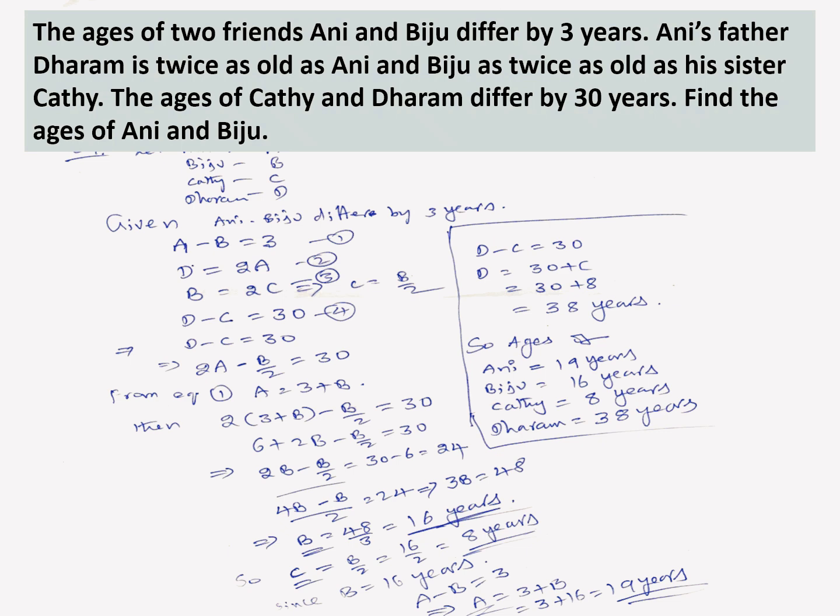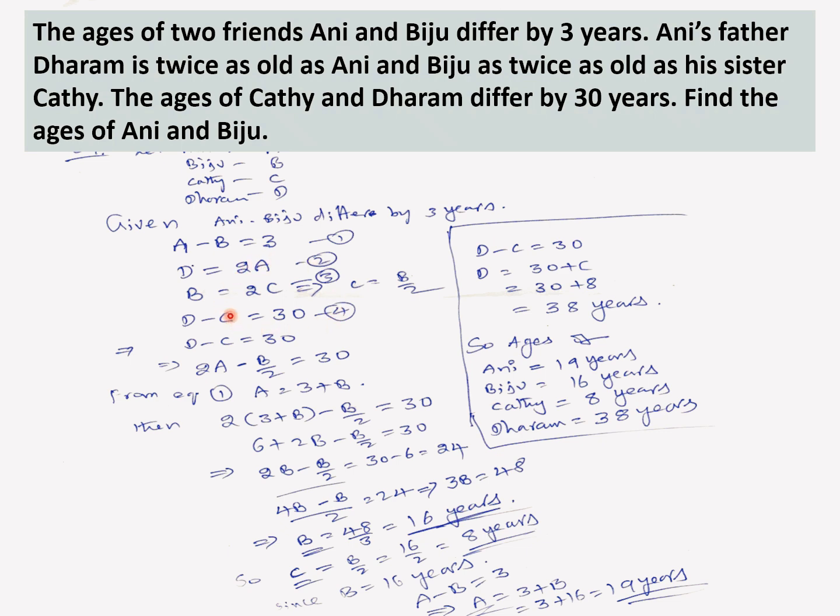And Biju is twice as old as his sister Kathy, so B equals 2 times Kathy, B equals 2C. And finally the ages of Kathy and Dharam differ by 30 years, so D minus C equals 30 years. So now you got 4 relations: A minus B equals 3, D equals 2A, B equals 2C, D minus C equals 30.